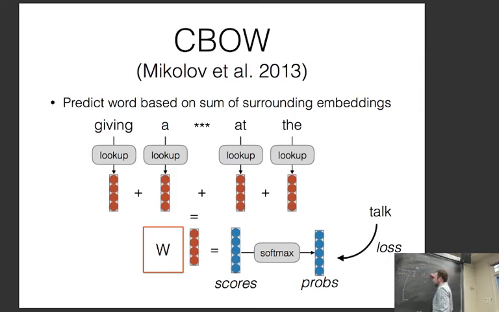The chain rule works like this: the probability of x, or let's say x1 to xn, is equal to the product of the probabilities of xi given x1 to xi minus 1.